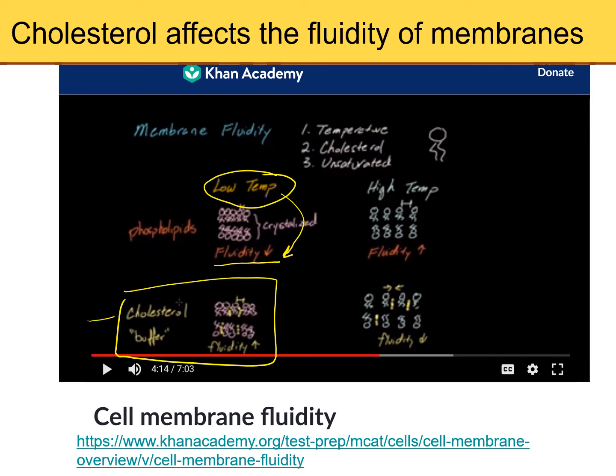But if you have cholesterol present, it increases fluidity. At high temperature, as you would imagine, if you have no cholesterol, the oil-like biological membrane's fluidity would be increased; it'll be more liquidy. But if you have cholesterol, it actually causes the fluidity to decrease.